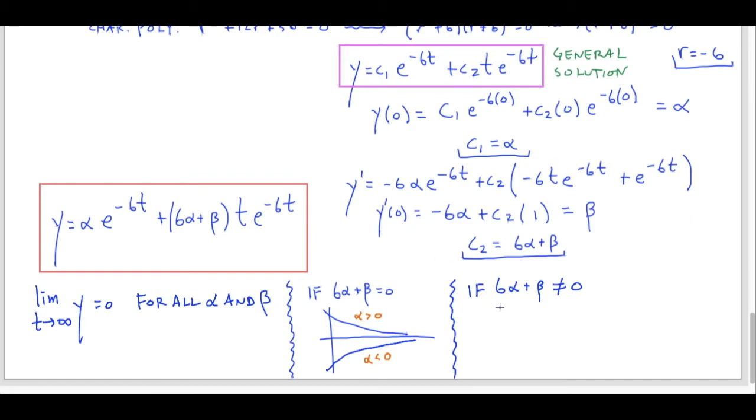Here, let me draw what I mean. Here I've drawn a couple possible solutions where for small t values, the functions are growing. In this case, they're growing positively. And then there is a critical point. There is a maximum at which the function turns around and then starts to approach 0. If it happens that the coefficient is negative, then the functions will grow negatively. But once again, there is a critical point in the solution before the function turns around and approaches 0.